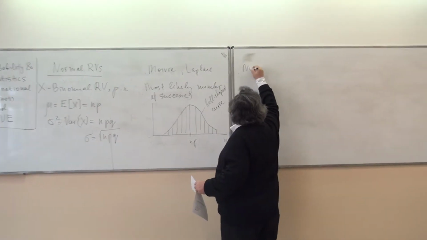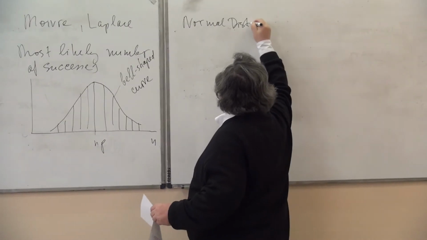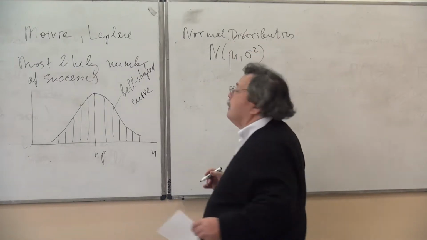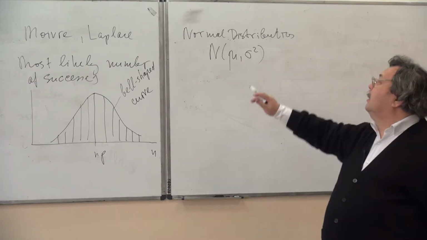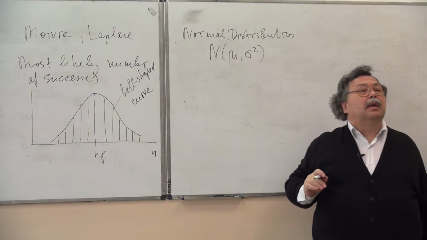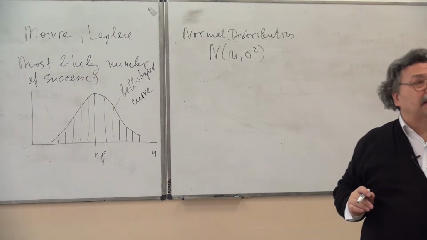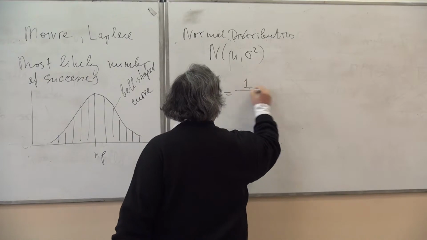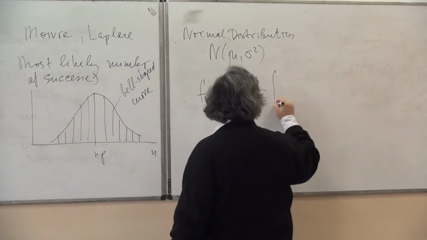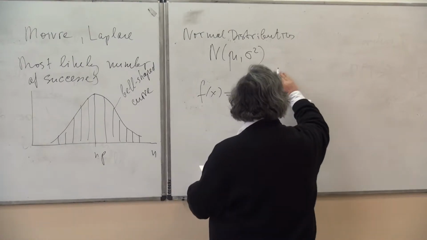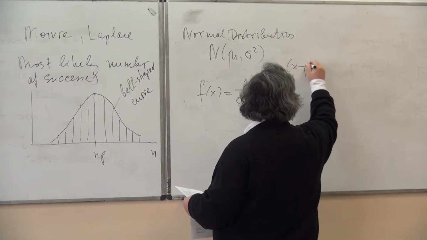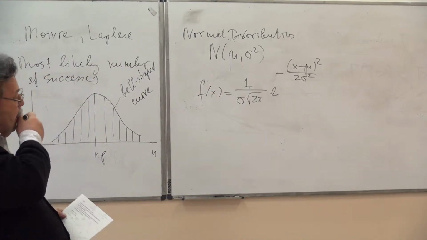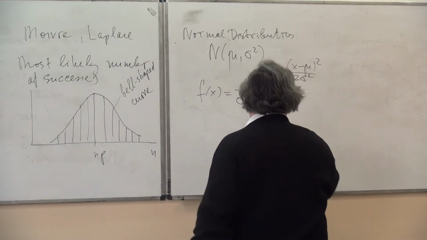So normal distribution, and this is the standard, the accepted notation for it, N capital, and then we state two parameters, mu, which is the expected value, and sigma squared, which is variance. Well, let me draw a picture here.